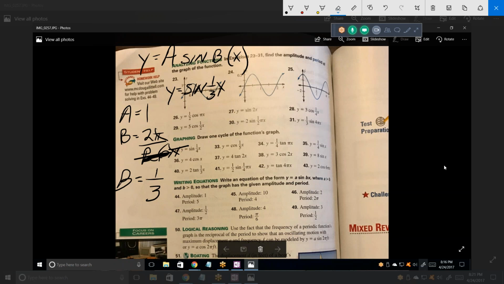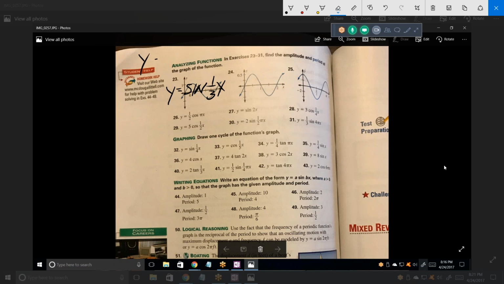I'm going to erase all this stuff over here so I have more room to write. What's A on the second one? For 24. So A would have to be 1 again. What's the maximum? 0.5.